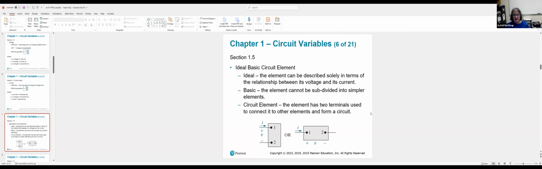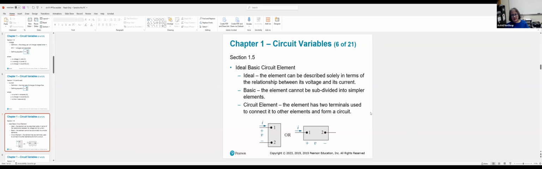So here we have an ideal basic circuit. Ideal means that it can be described solely in terms of the relationship between voltage and current. Basic means it cannot be subdivided into simpler elements. As I said, a circuit element is a mathematical model with only two terminals, basically where current goes in, where current goes out, carried by a voltage.